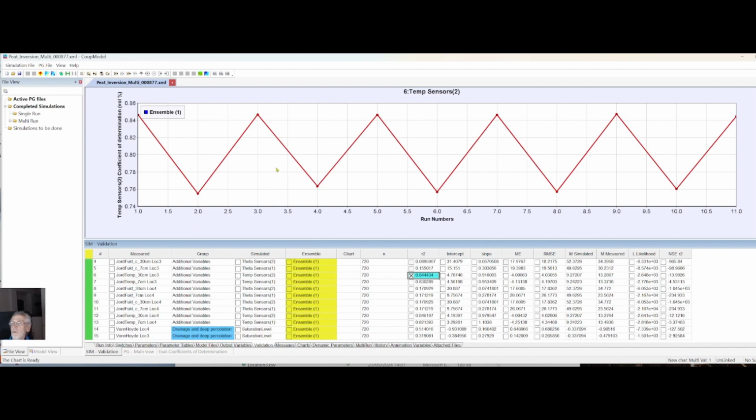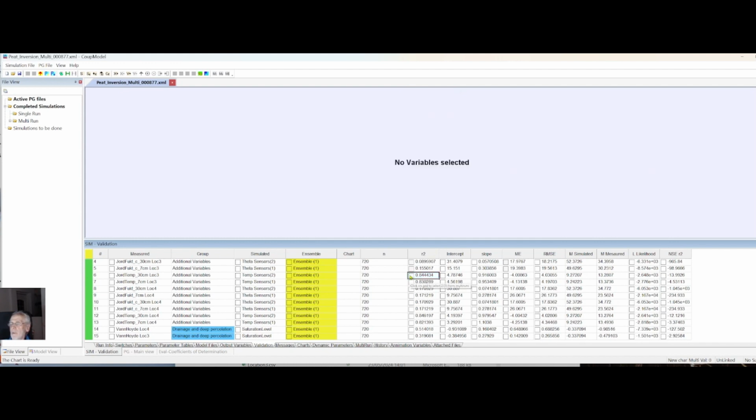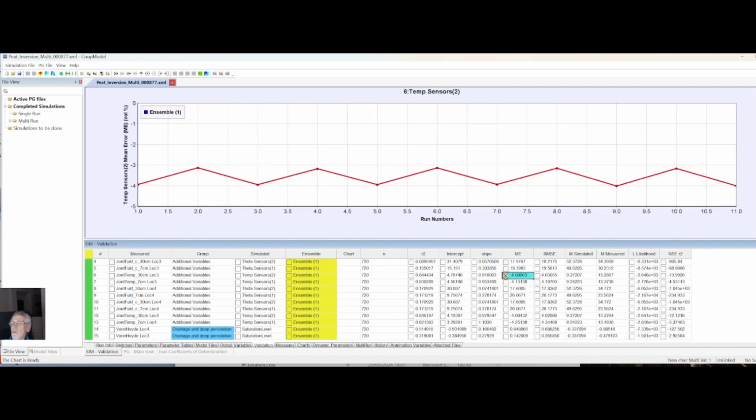So one of the stations has a higher performance and the other has a lower. But still, now it's a relatively high R squared for a temperature, but also for the temperature it is not good when we look at the mean value. It is substantially away from zero. It is -4 degrees too cold.